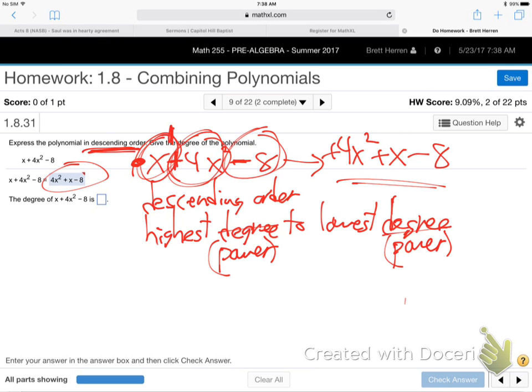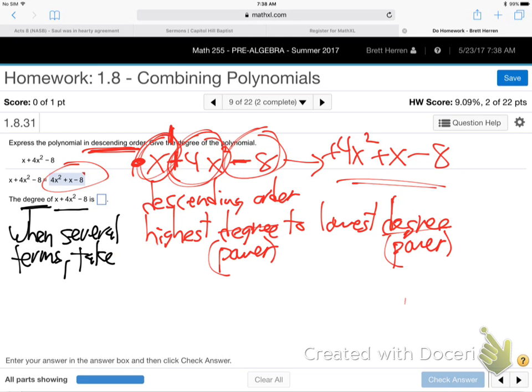They say, okay, what's the degree of that? Now, here's the trick. You might look at it and go, no, Mr. Herron, you said you got to add up the powers. Well, you've got to add up the powers on any one term. But when you have multiple terms, you just take the biggest of them. Does that make sense? So when there's several terms, like we have here, 3 terms, right?